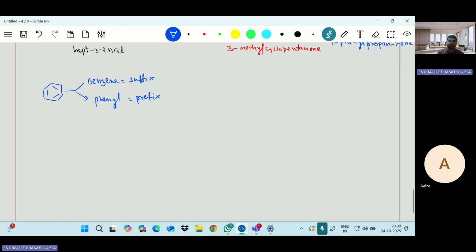This is a prefix because this benzene is not part of the main carbon chain. You selected 1, 2, 3, 3 carbons. So this benzene is the substituent, so we'll use the prefix for this one.